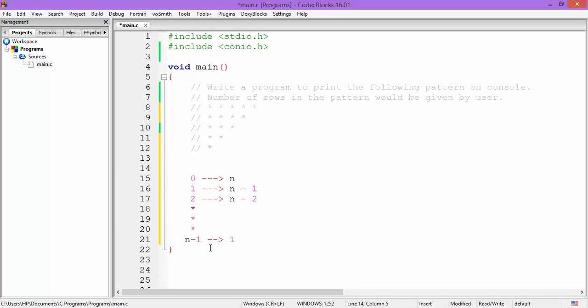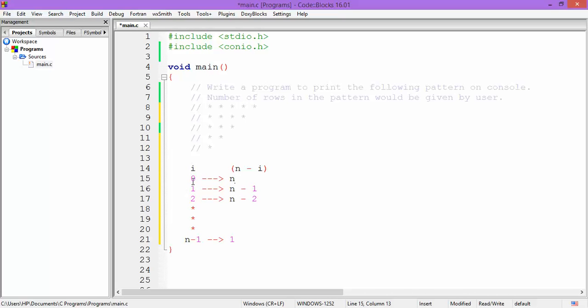right? So if we consider the row number as I, in general the formula of number of asterisks in the ith row would be n minus I. So let us check whether this formula is correct or not. If I is 0, n minus I, that is n minus 0, is n.